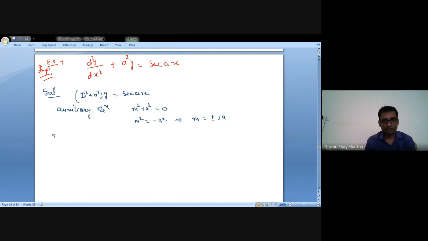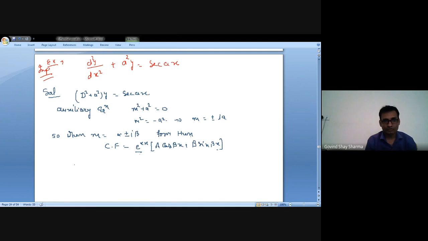So when m is equal to alpha plus or minus i beta, then the CF is, we know the value of the CF, c1 cos beta x plus c2 sin beta x. Now here we compare with this solution: alpha value is 0 and beta is equal to a.